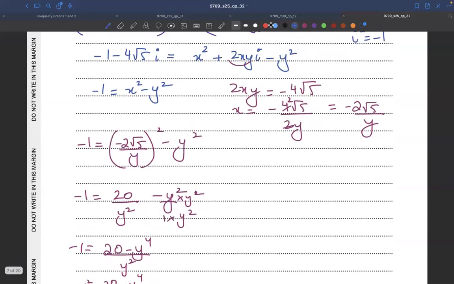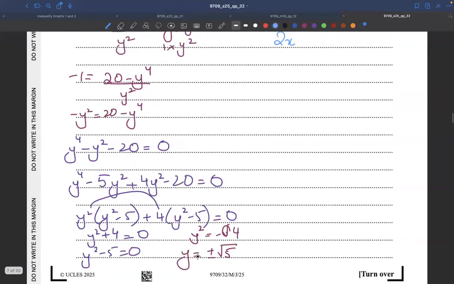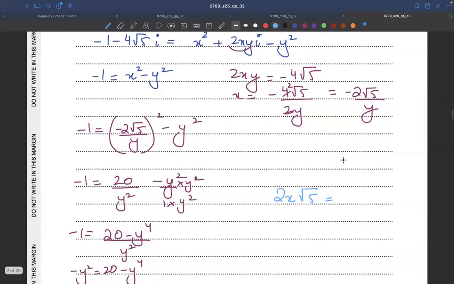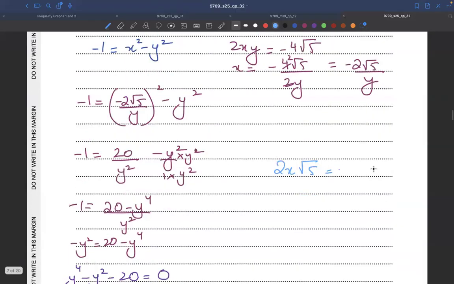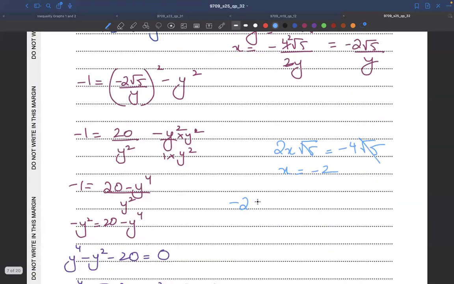So we can now write it as 2x into y, where y is root 5, is equal to -4 root 5. So now cancelling root 5, the x value would be equal to -2. So one of the complex values would be -2 and the y value was taken as plus root 5 iota. So this will be -2 plus root 5 iota.